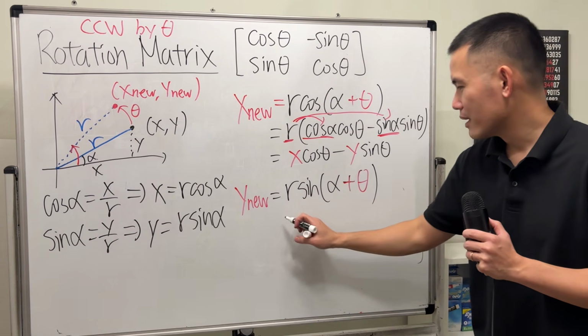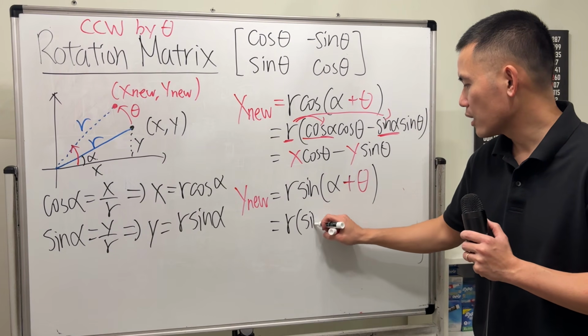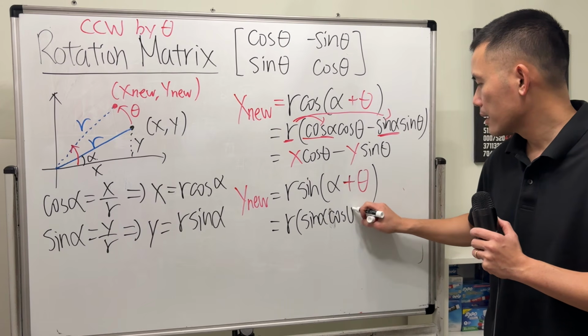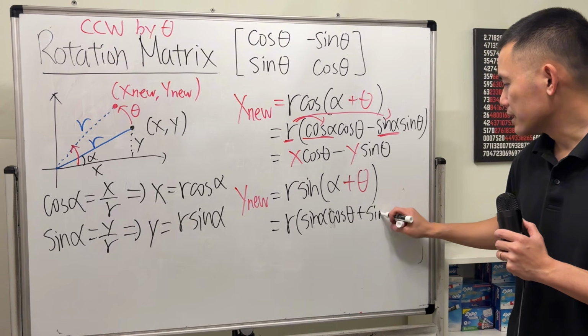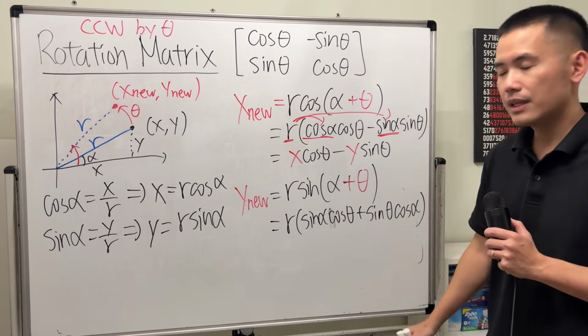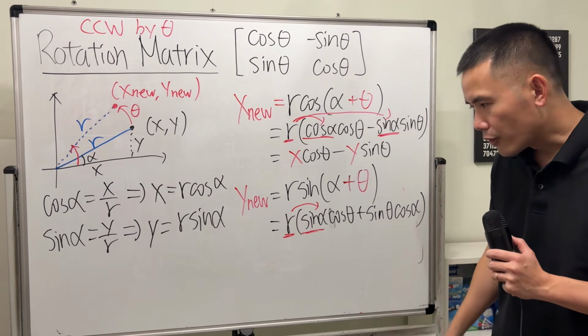Now do the same thing. Here we get r, and then the angle sum for sine, we can write sine of first times cosine of the second plus sine of the second times cosine of the first. Same thing. Distribute r, pair up with sine alpha.